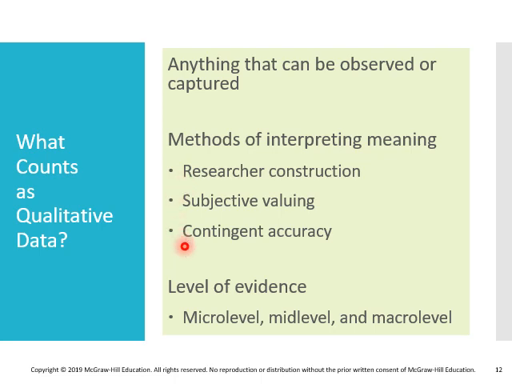Contingent accuracy relies on tangible artifacts similar to subjective valuing, but contingent accuracy believes that accurate representation of the phenomenon is key. So contingent accuracy is the most objective of the three positions. However, some subjectivity is introduced when the researcher selects some elements over others to use as evidence.